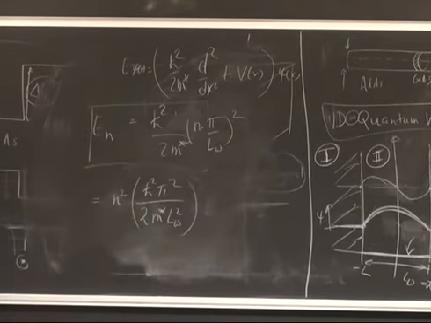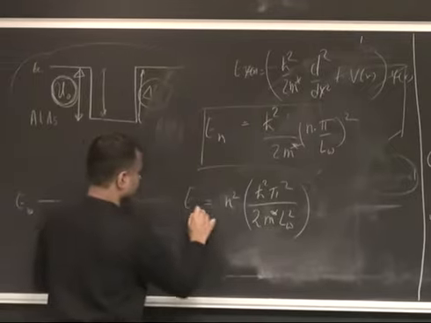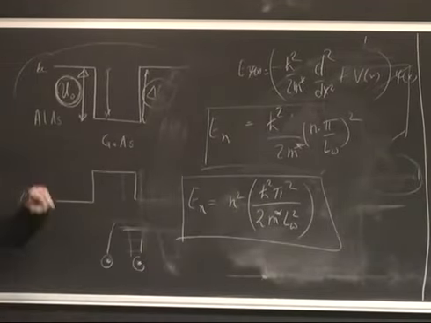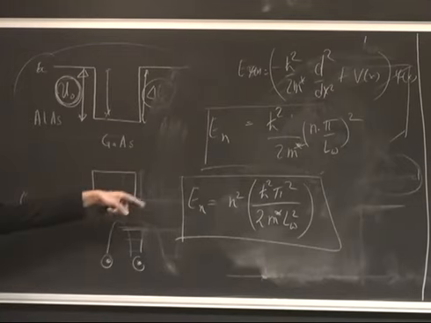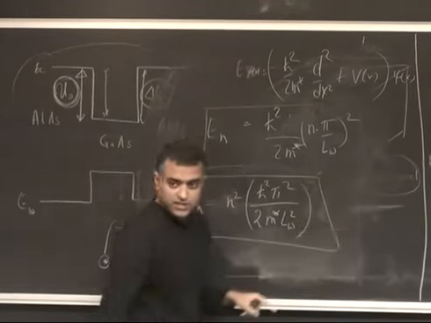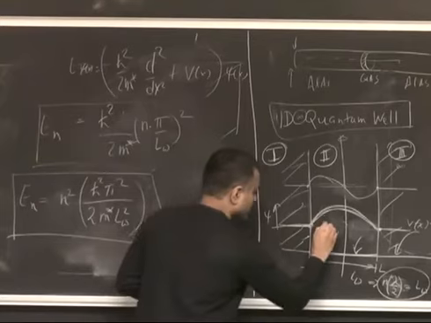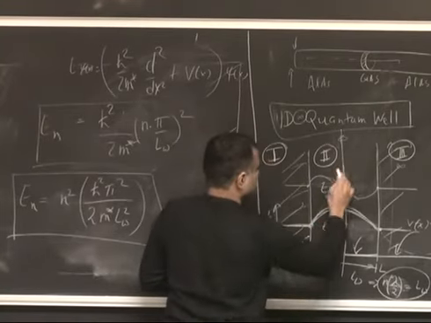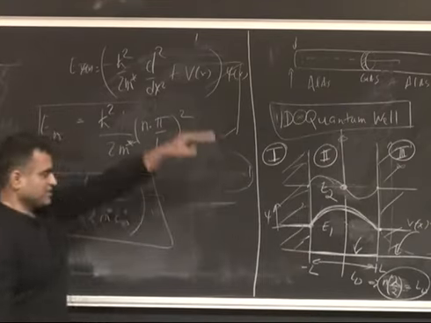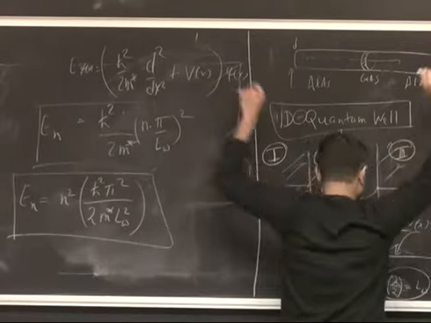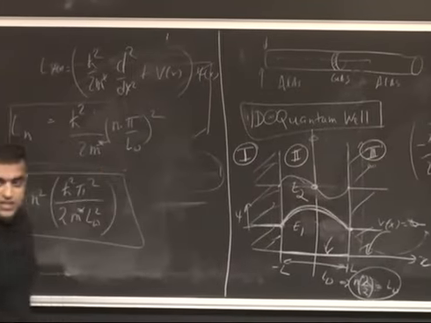This is one of the things that you really need to develop intuition for. The ground state is n equal to 1, so you get the ground state energy, let's call that E1. The first excited state is E2, and so on, E3, and there are an infinite number of states. All the states are below the potential barrier height because the barrier height is infinite itself. So that's the meaning of this problem.